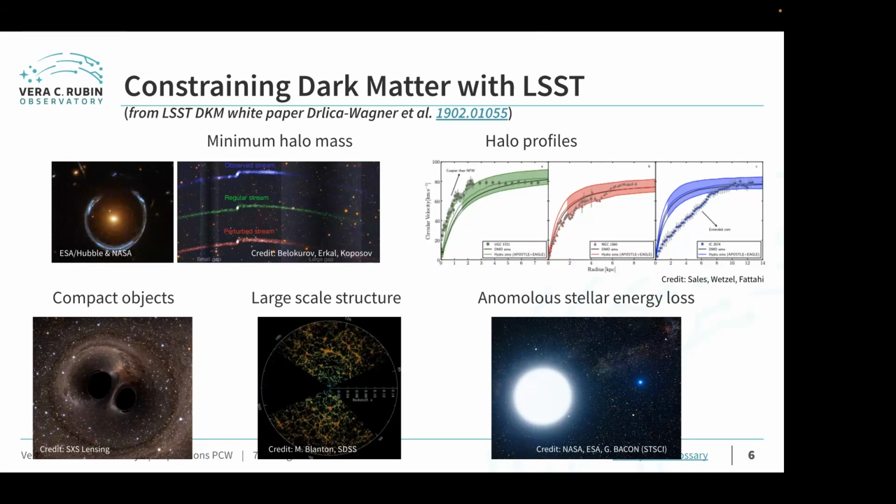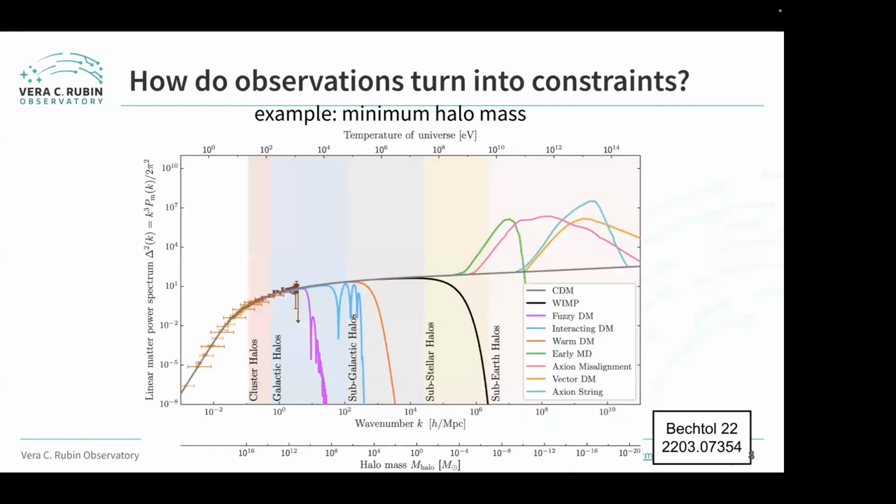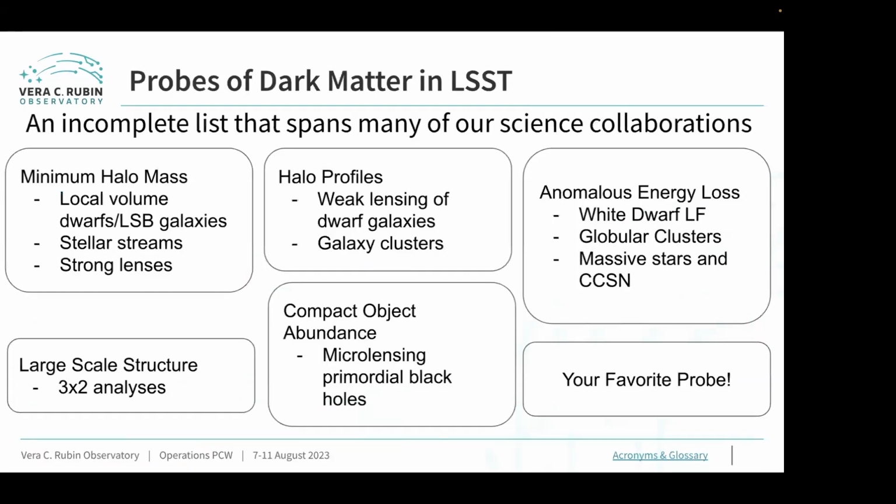So the point here is that there's a wide range of probes that we expect to be available with LSST, and we would love to gather a lot of people who are interested in those analyses and make progress there. And here's an incomplete list that I talked through a little bit just now, and I just wanted to leave it up there.